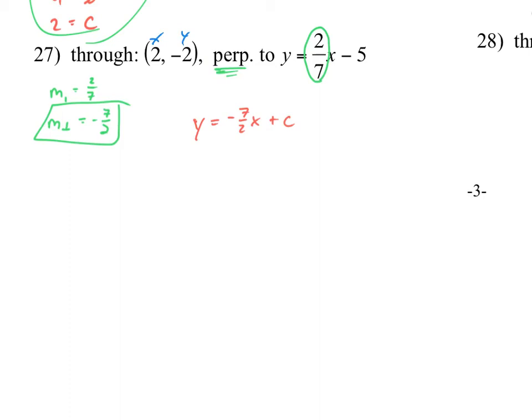Here's an x and here's a y value that they've graciously given to us. Plug in your y value for y. Plug in your x value for x. And all we need to do is solve for c. Here the 2's cancel out because this is 7 divided by 2 times 2. You're just left with -7 plus c. Let's add a 7, add a 7. I think you get c is 5. So our equation ends up looking like y equals -7/2 x plus 5. Sweet.